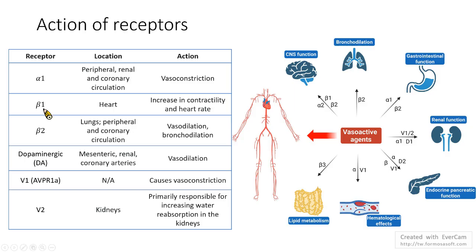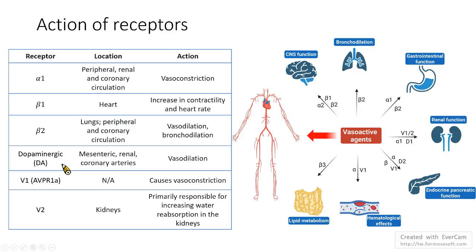The beta-1 receptors are located in the heart, and increase the contractility and also increase the heart rate as a consequence. As for the beta-2 receptors, they are primarily in the peripheral and coronary circulations and in the lungs, which is why they can cause vasodilation or a bronchodilation effect.